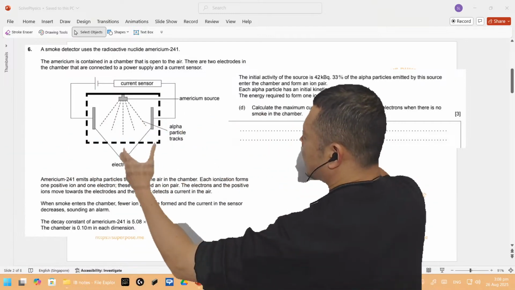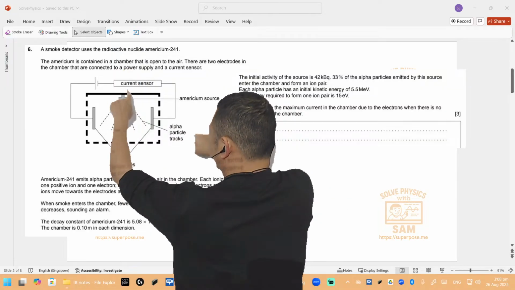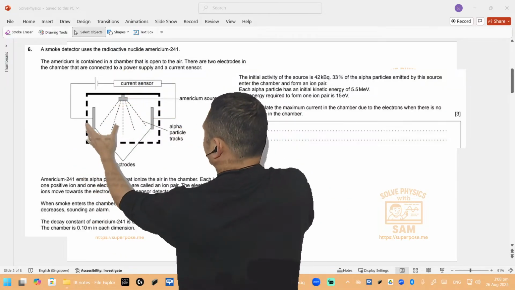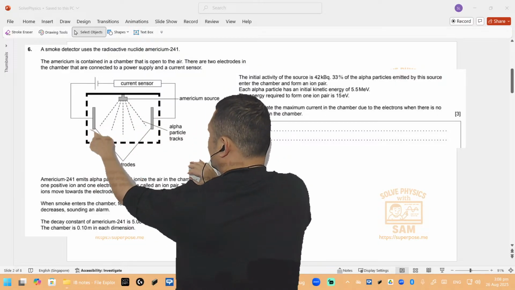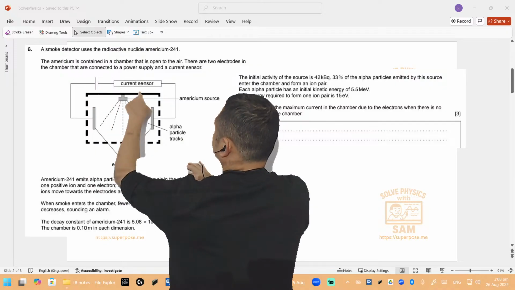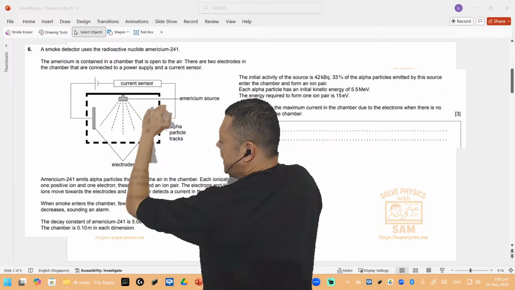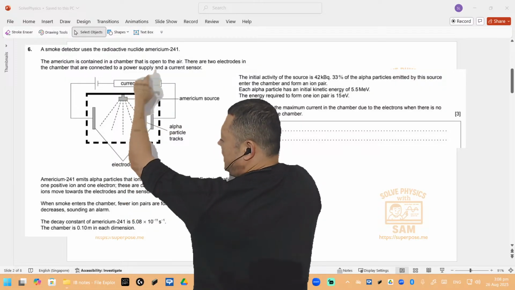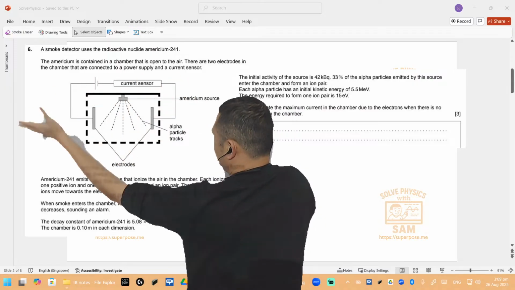There's an americium source and the alpha particles are coming out. The electrodes are the detectors. There's a battery here, and as long as alpha particles are touching the electrodes, it will generate a current. If the current is consistent, nothing will go off.